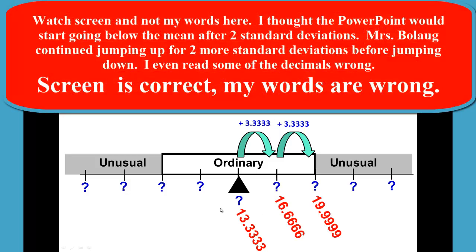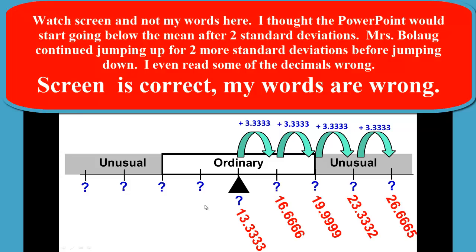We can do the same thing going above the mean, and we can also see that 3 standard deviations is 23.3332. Ms. Borlaug went as far as to do 4 standard deviation jumps, which is 26.6665.